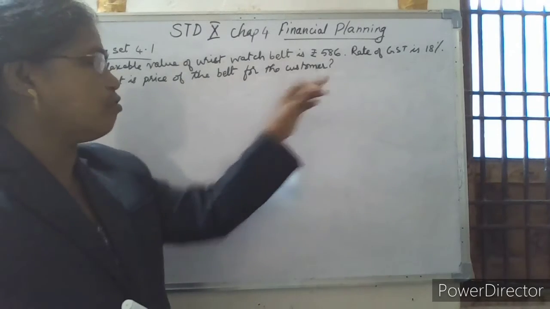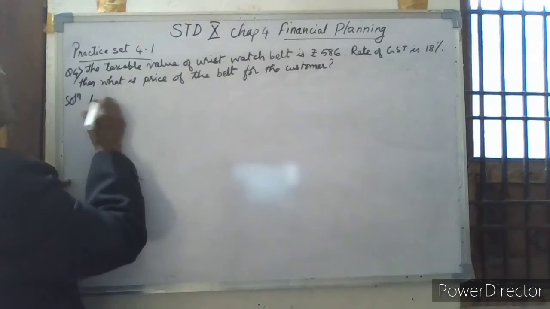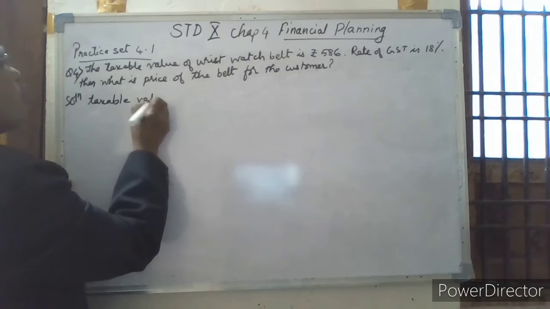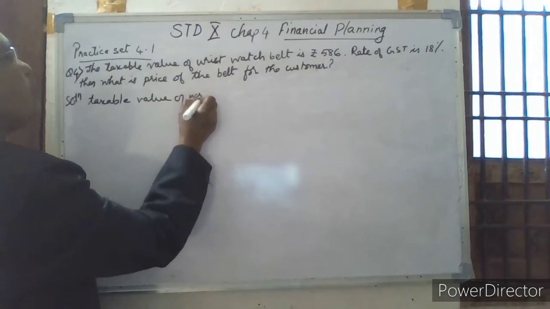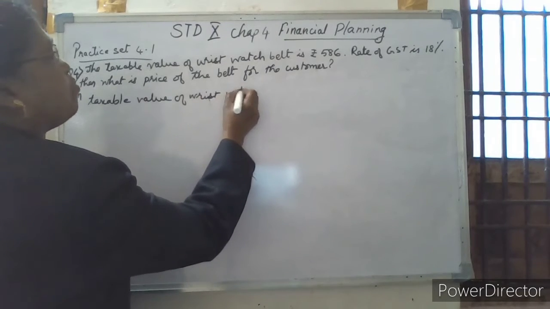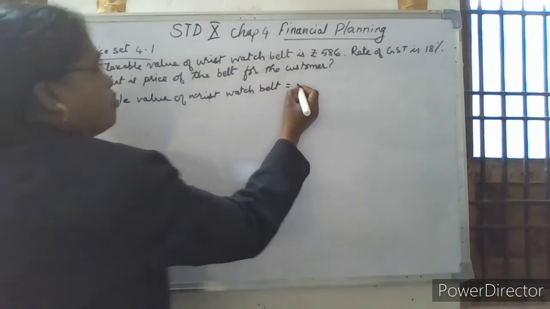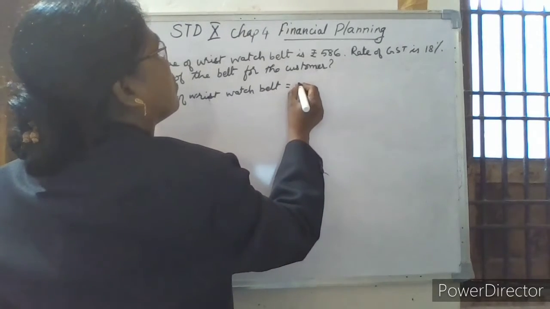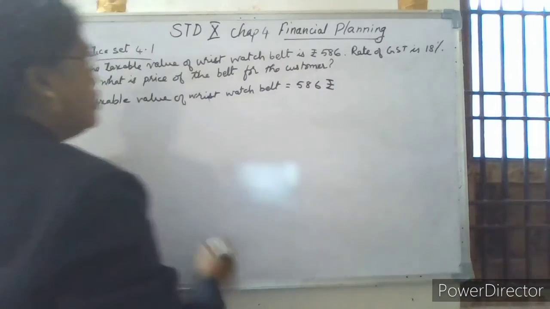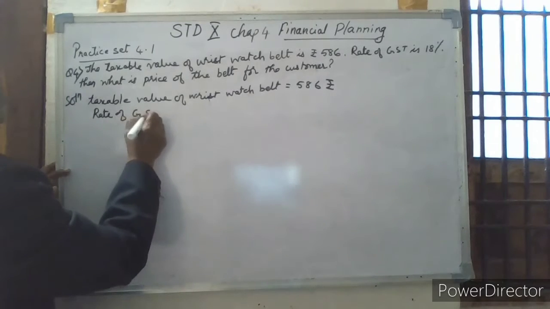So let us take the taxable value of the wristwatch belt, only the belt, as rupees 586. Rate of GST, given, is equal to 18%.